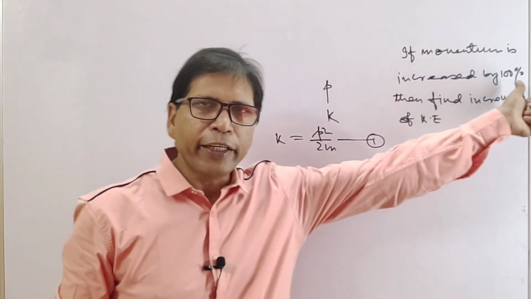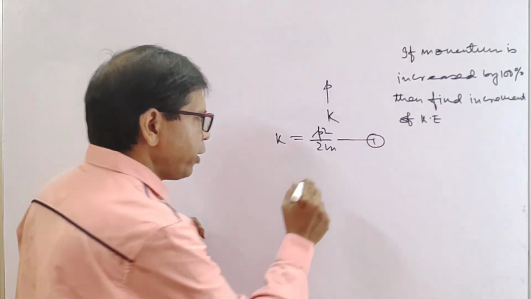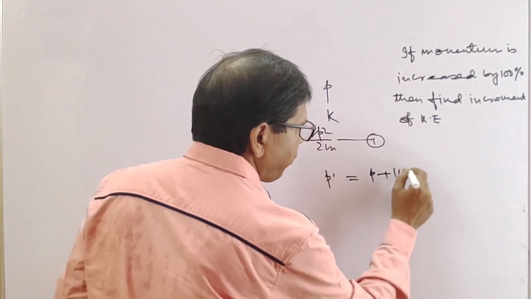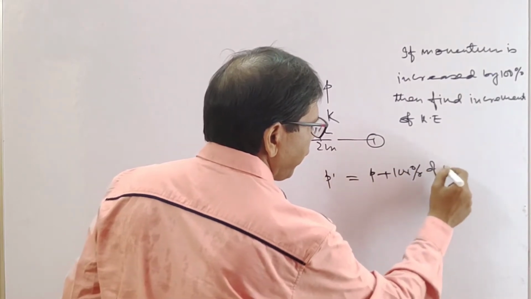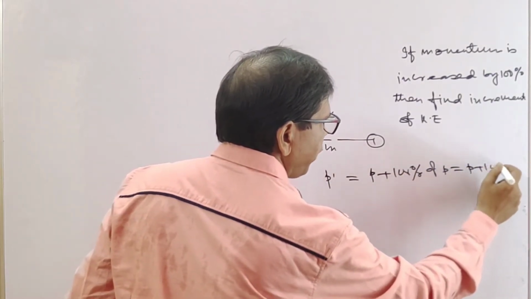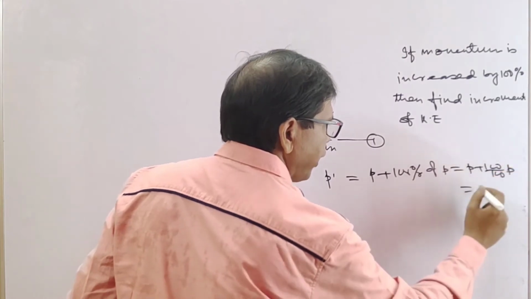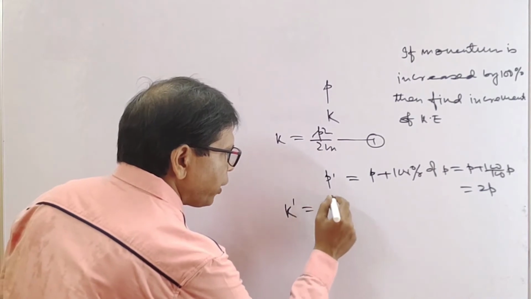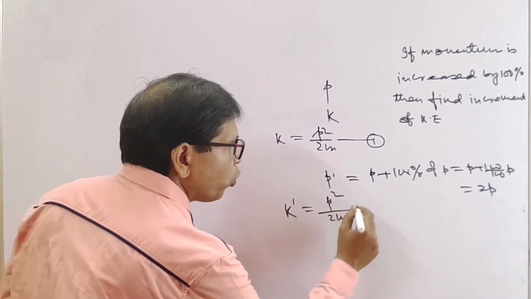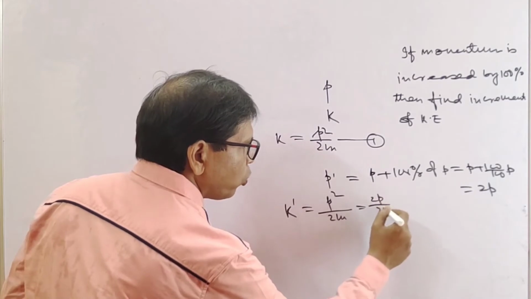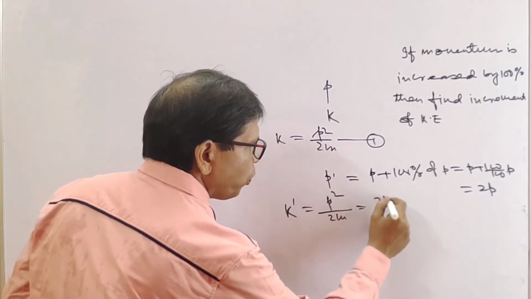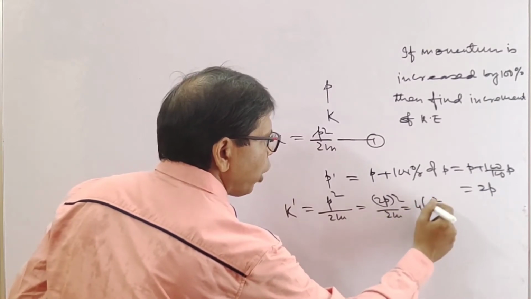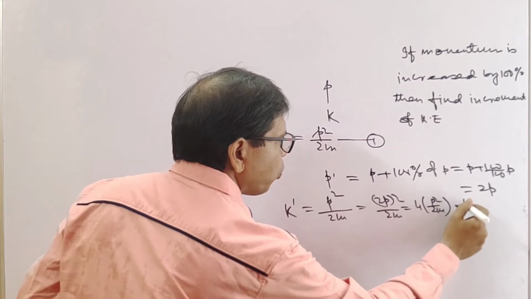If momentum is increased by 100%, then the final momentum p' = p + 100% of p, that is p + (100/100) × p, that is 2p. So the kinetic energy K' = p'²/2m = (2p)²/2m, so this is 4 × p²/2m, that is 4K.